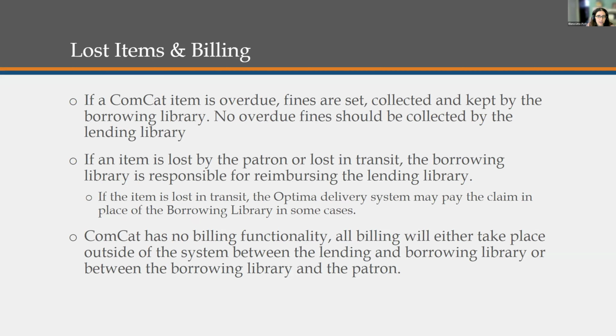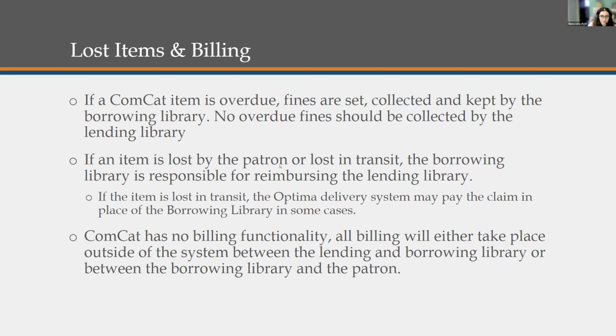Basically, there's going to be no collection of fines from a library to a patron that is not theirs. You're only going to be collecting fines from your own patrons. And then for lost items, the borrowing library is going to be responsible for reimbursing the lending library.